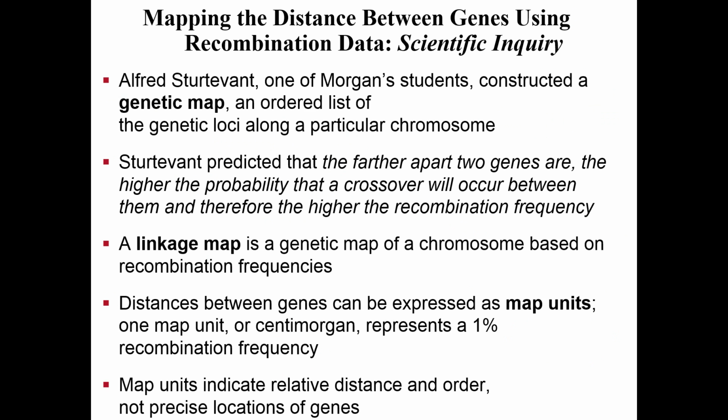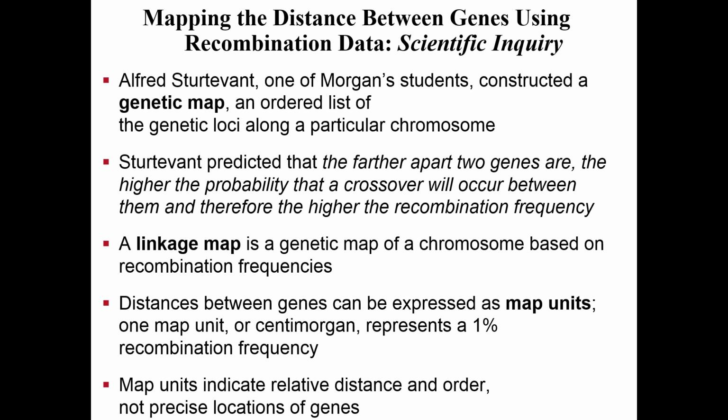Now we can use the recombination frequency to develop a genetic map, a linkage map, whereby we get an idea of the sequence or order of genes on a chromosome. We're not going to get the exact location, but we're going to figure out the order of the genes and how close they are to one another.